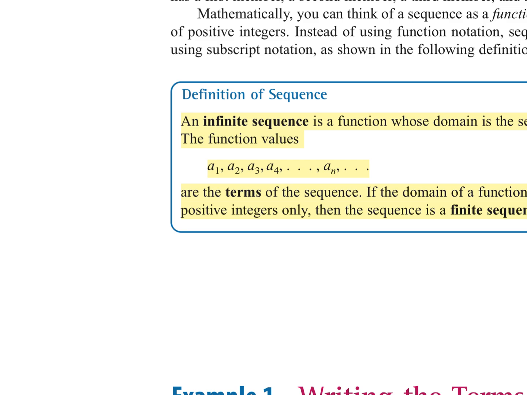So we've got two different types of sequences. An infinite sequence goes on forever, so it does not end. So it goes to infinity. Typically in an infinite sequence, we would see a dot, dot, dot, meaning that it just keeps on going.